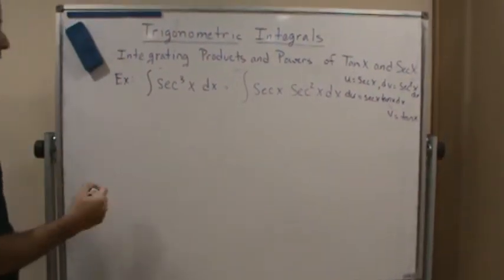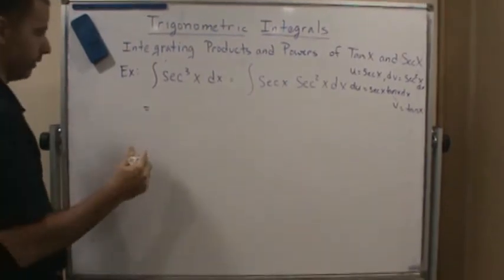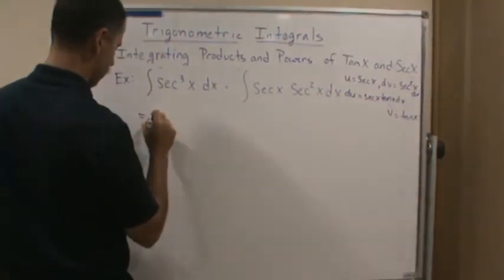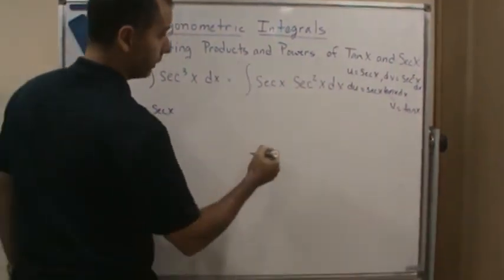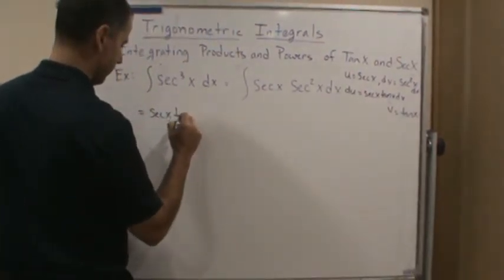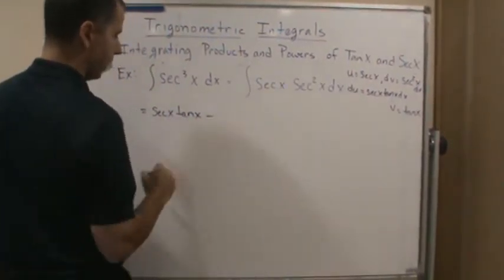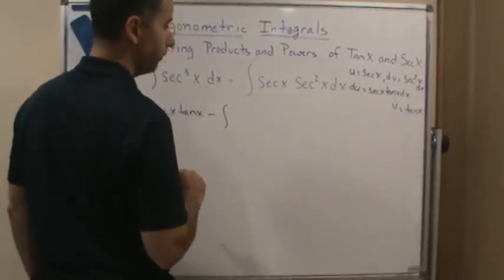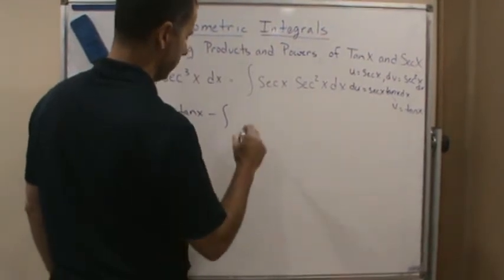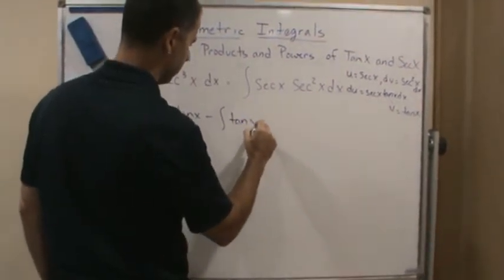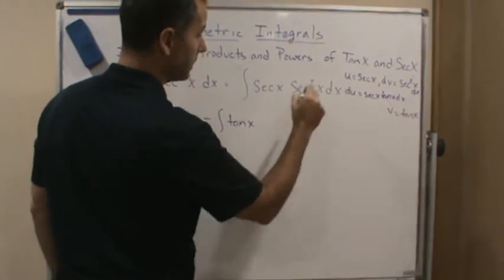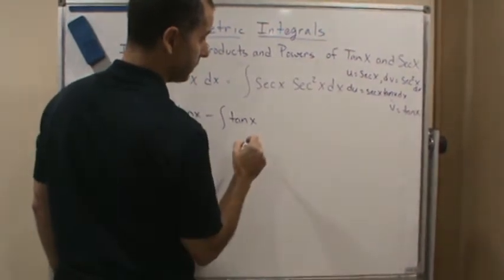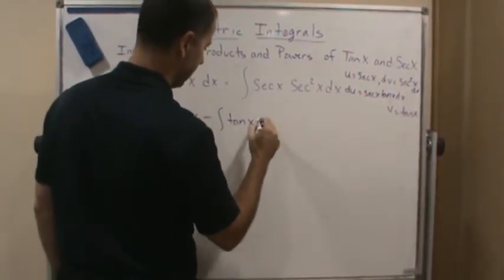And so now let me put the formula for integration by parts. So it's going to be uv, so secant x times v, which is tangent x, minus the integral of tangent x times du, which is secant x tangent x.